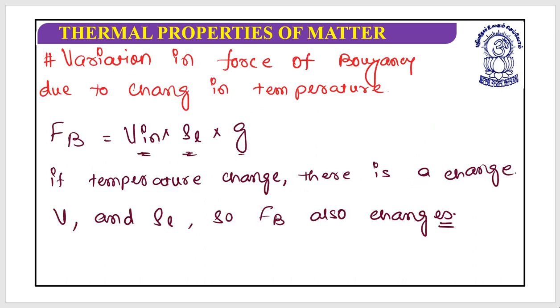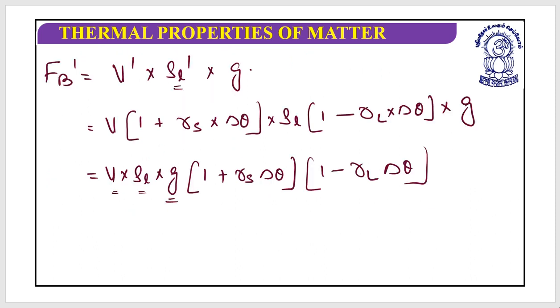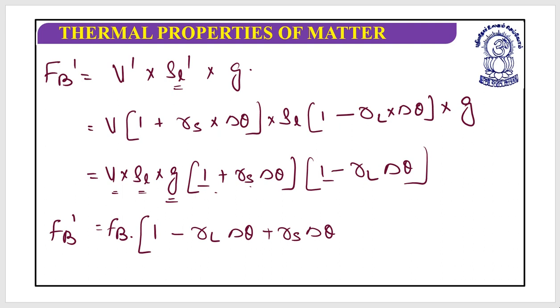This V into density of liquid into g is the previous force, Fb. So this is Fb dash, this is Fb into bracket. Let's multiply this. This is 1 multiplied by 1, it's a 1. 1 minus gamma L into delta theta. Now it's plus gamma s delta theta into 1, this is plus gamma s into delta theta. This is minus gamma s into gamma L into delta theta square.